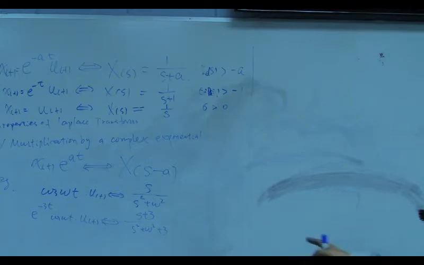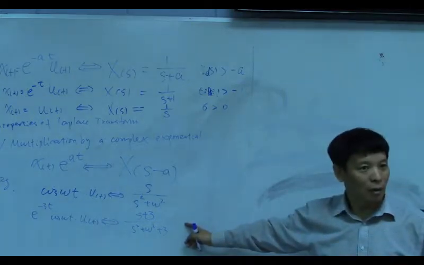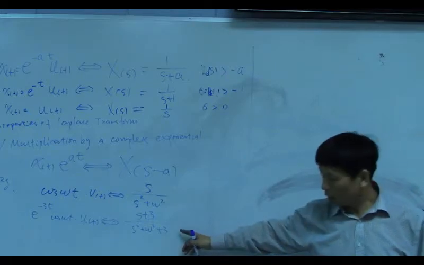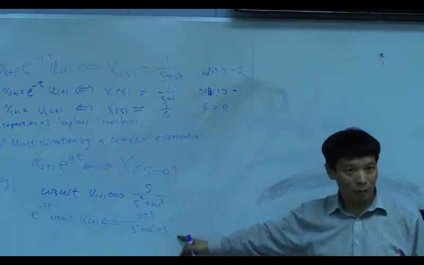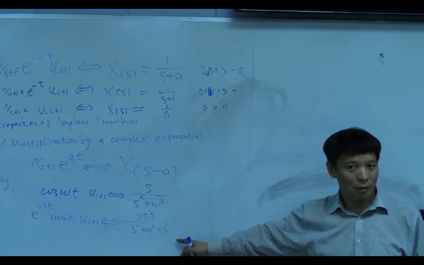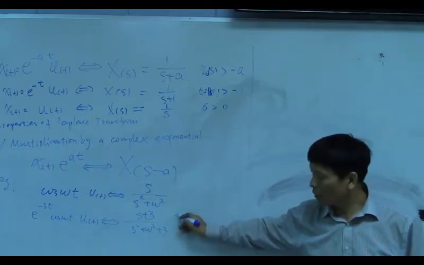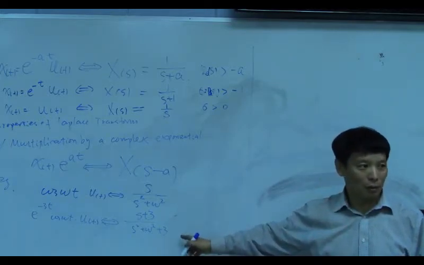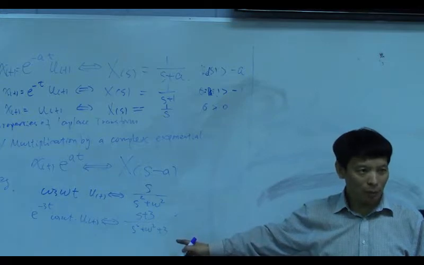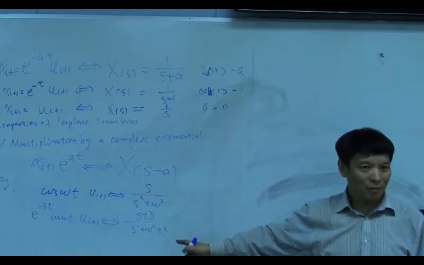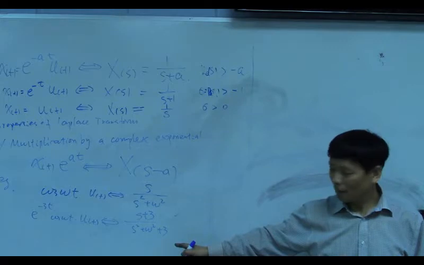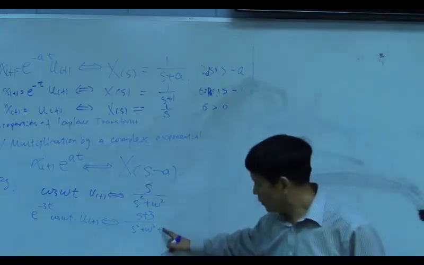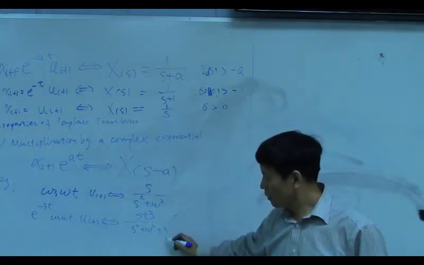Who can get this? How do you get the bottom like that? The bottom has a problem. The top is good, right? The bottom. Any question on the bottom? Would the bottom be plus 9? Plus 9 here. Yeah, because s is squared.